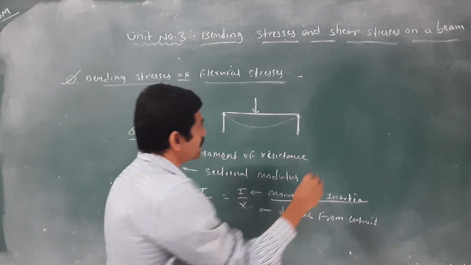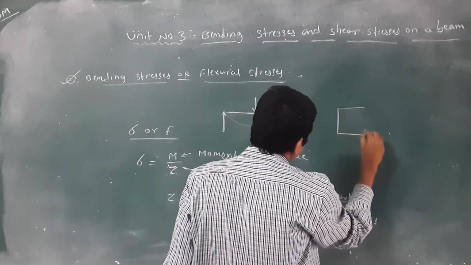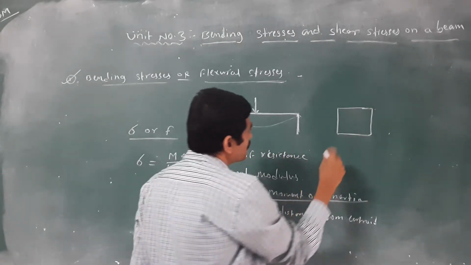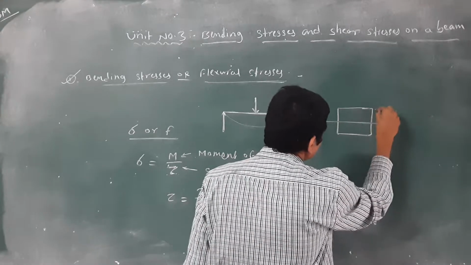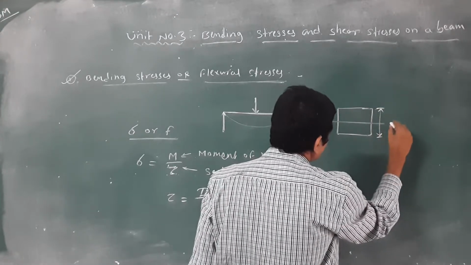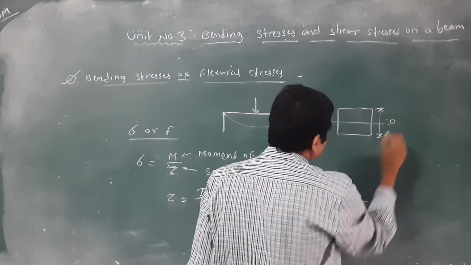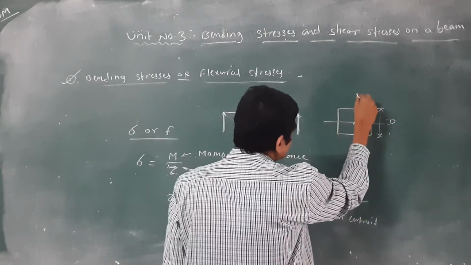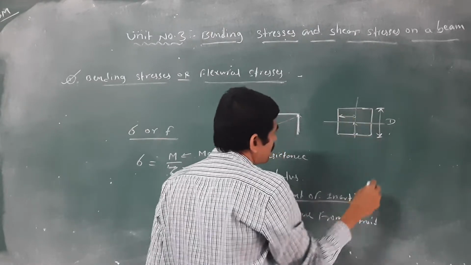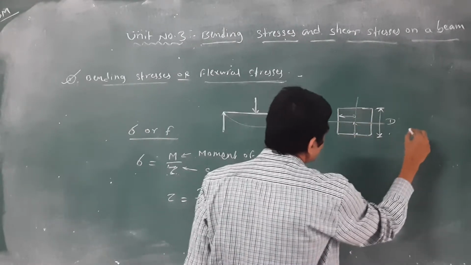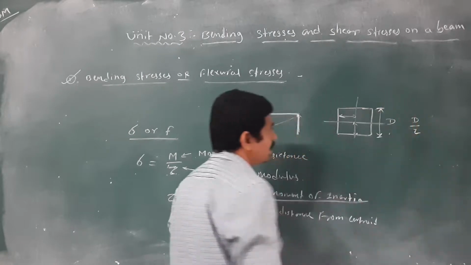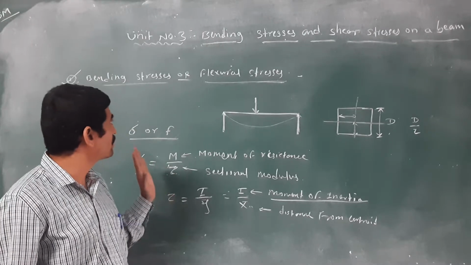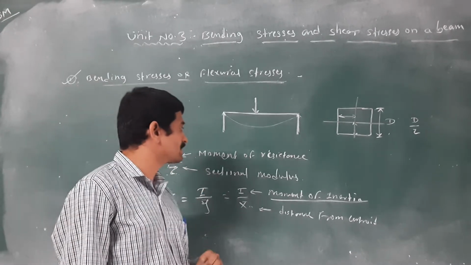If you take a rectangular section, what is the y bar or x bar of that? It is D by 2, because D is the total depth of the given section. You take this distance as y bar and this distance as x bar. How much do you get? D by 2. Clear? What are bending stresses or flexural stresses?